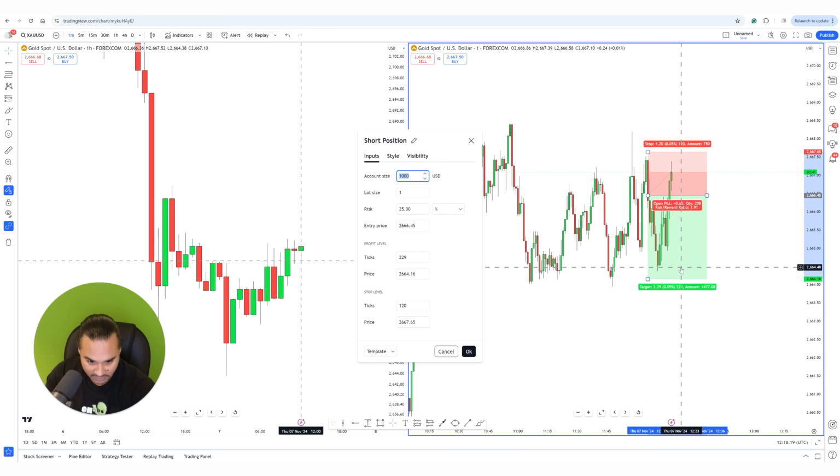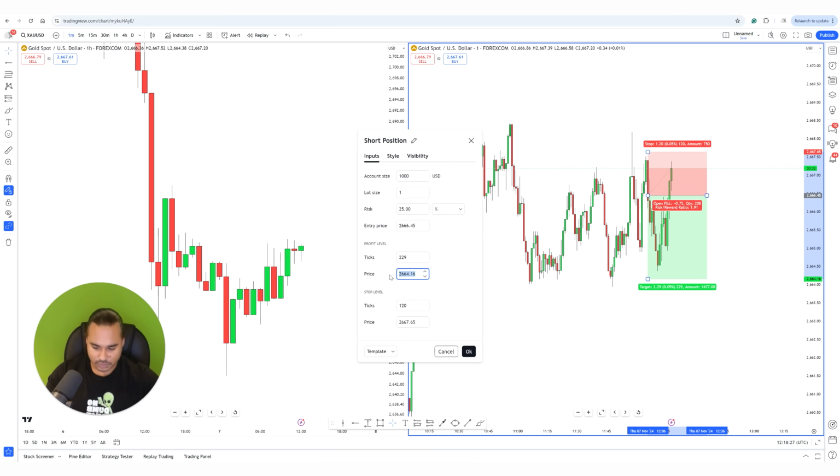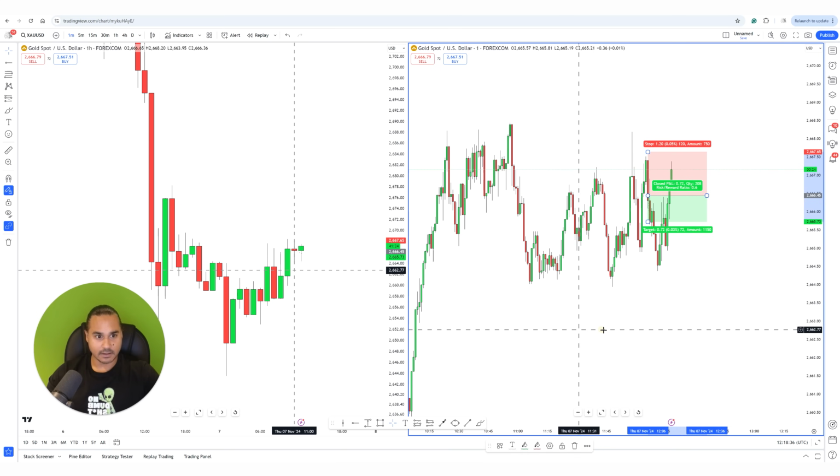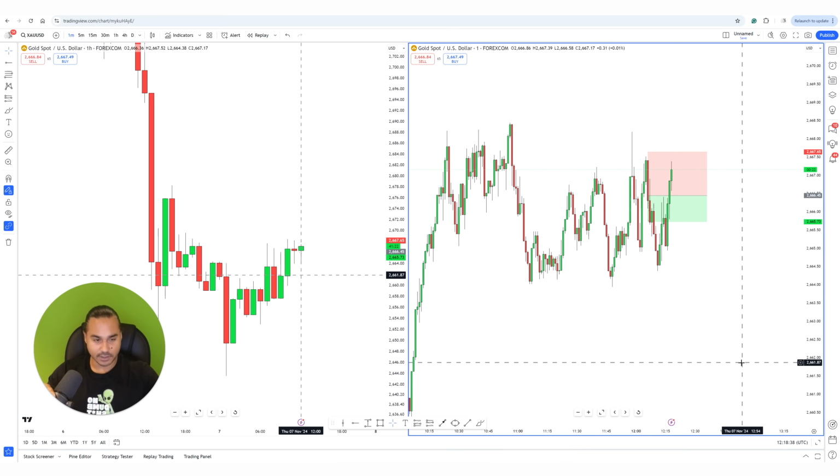This is where I managed to get out. It was still good profit. Okay, here we go. So the profit level was 26.65.73. And unfortunately, this is where I got out of the trade.